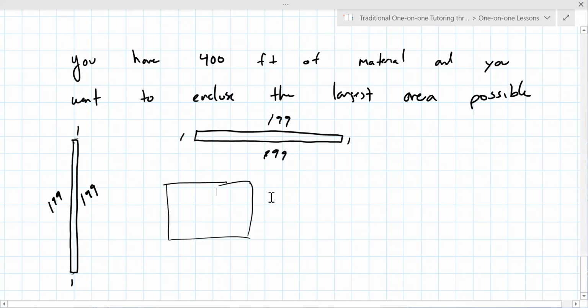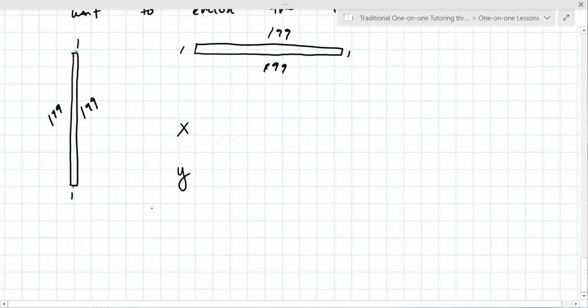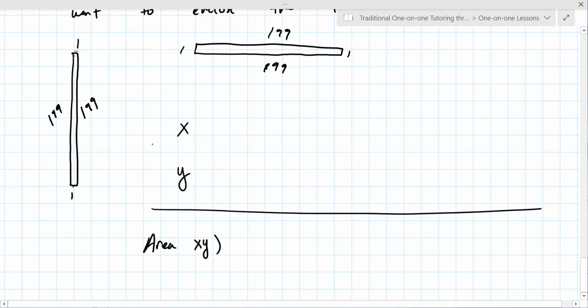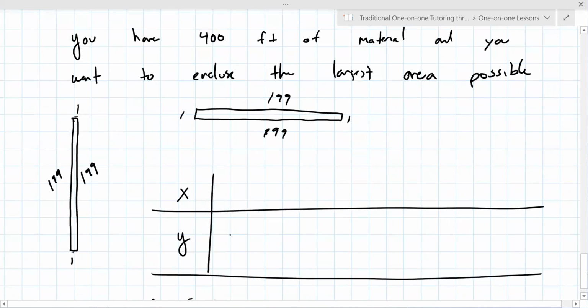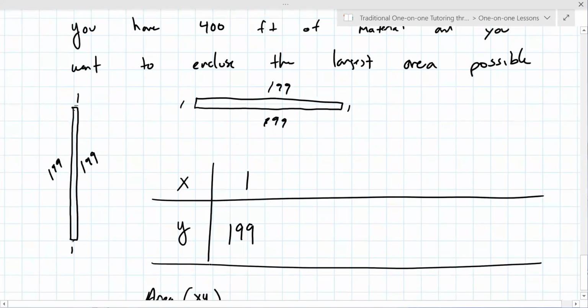And that's the idea of the table. So for example here in your problem, it would be like, well, what would X be and what would Y be? And then you might even do, what is the area, which is X times Y. So for example, and you gotta be careful here because the numbers aren't always great, if we do 1 and 199, basically these two numbers have to add up to 200.